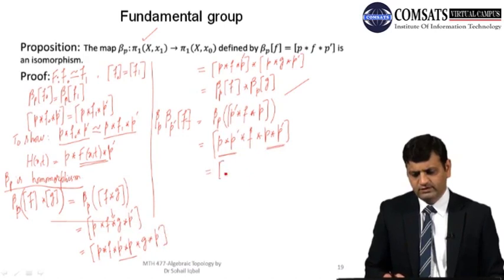Eventually we will get this, so this serves as an identity. Similarly we can show that beta P prime beta P is also identity.